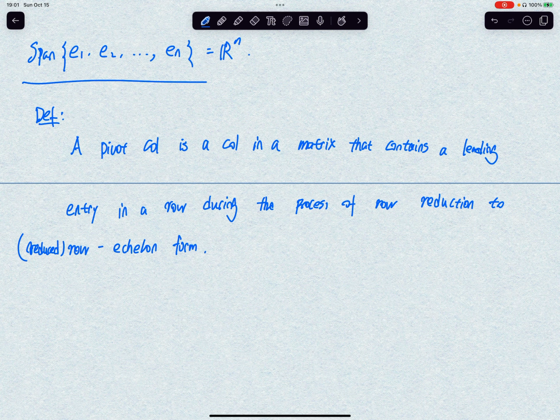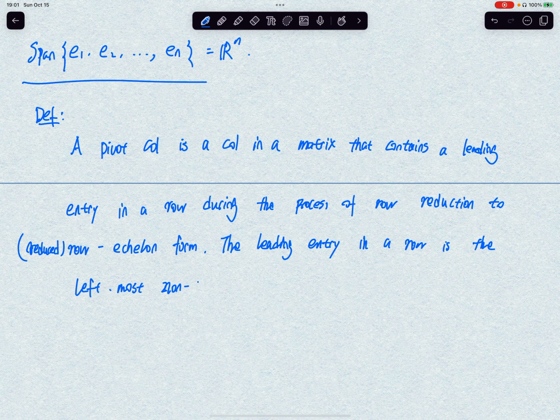And the leading entry in a row is the leftmost non-zero entry in that row.